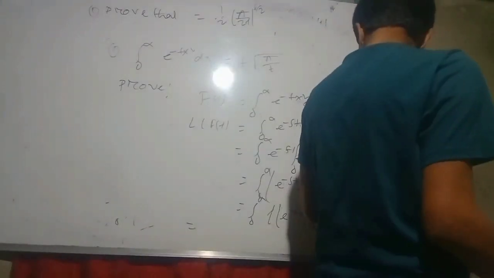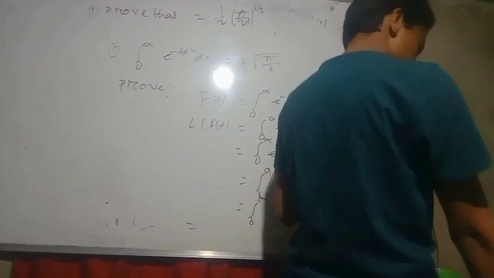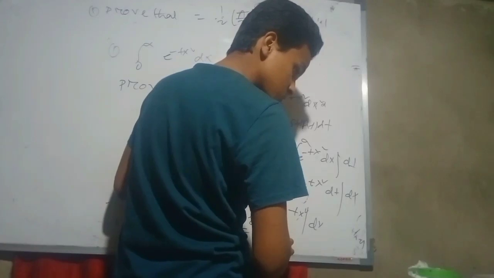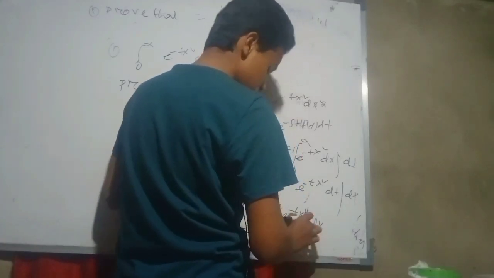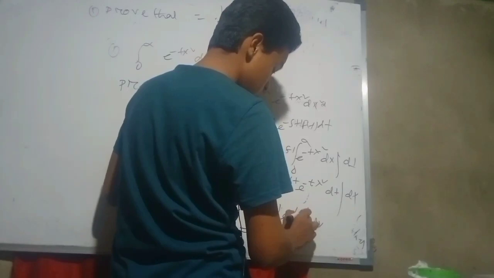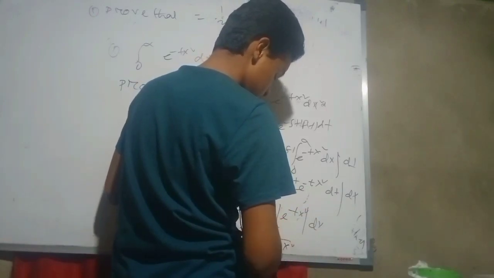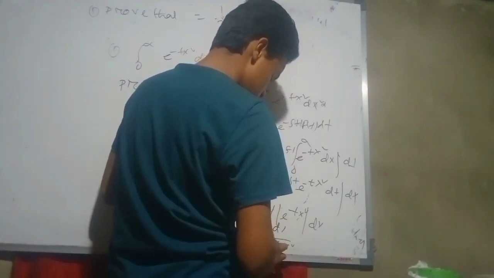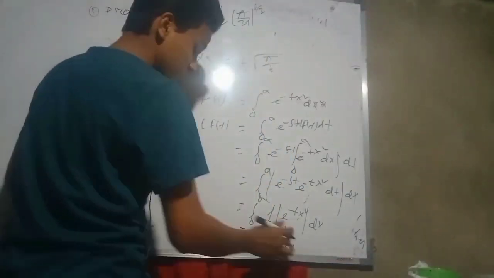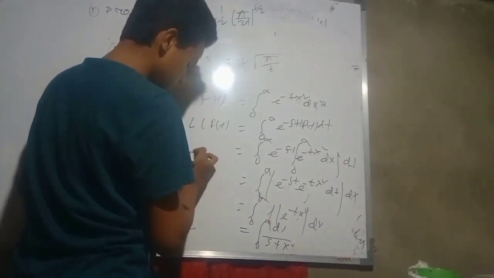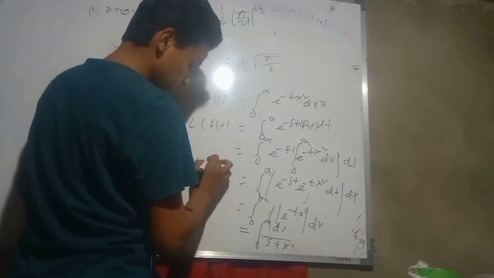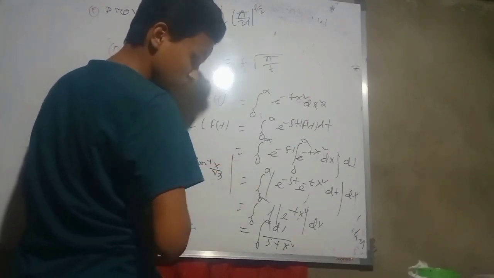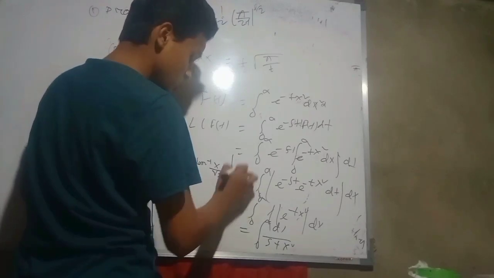The Laplace transform of the exponential will be, what is the Laplace transform? That will give us 1 upon s plus x square, dx from 0 to infinity. When we find it and put in the value, we get the integral as tan inverse of x by root s upon root s, from 0 to infinity.